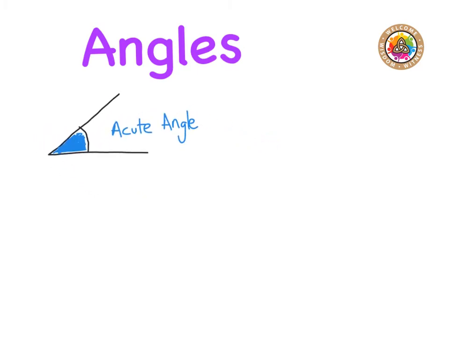Then here, if we have this angle where it's 90 degrees, then we know that that's called a right angle.